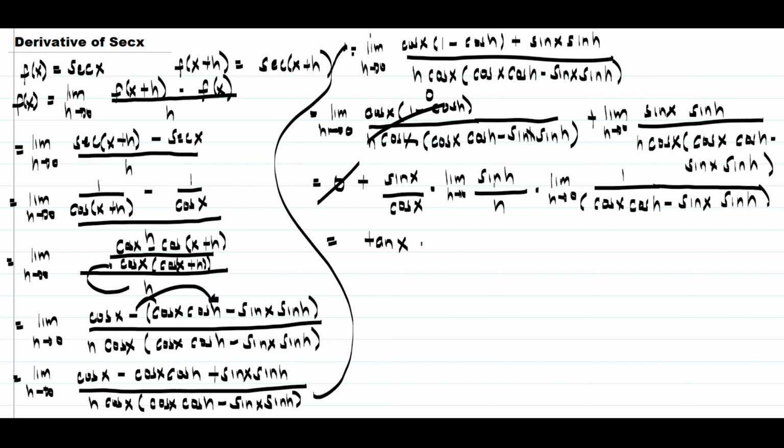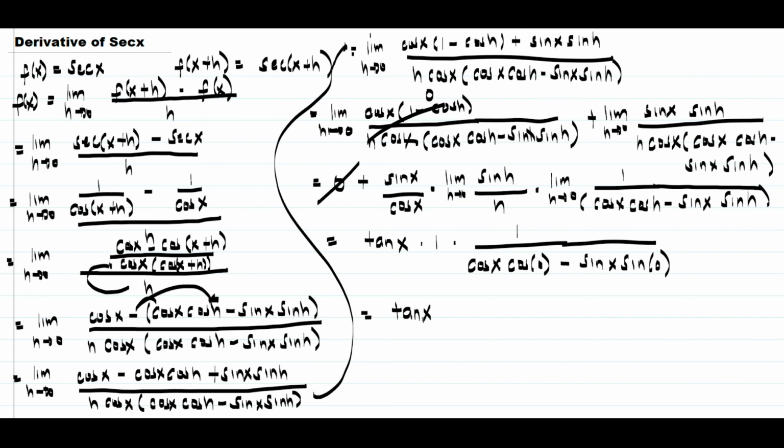And the limit of sine h all over h as h approaches 0 is 1. And then we have 1 over cosine x cosine 0 minus sine x sine 0, substituting the value of h, which is 0. So let us have tangent x times 1, that is tangent x.